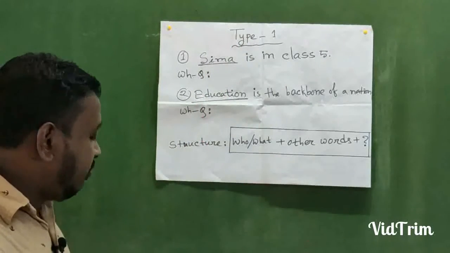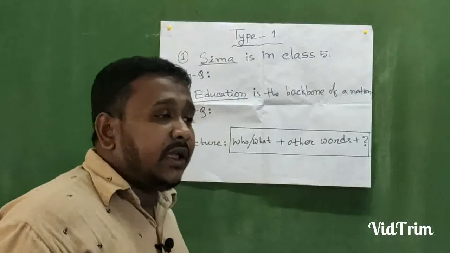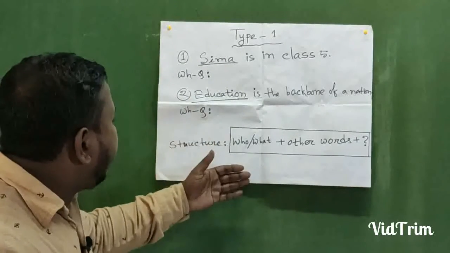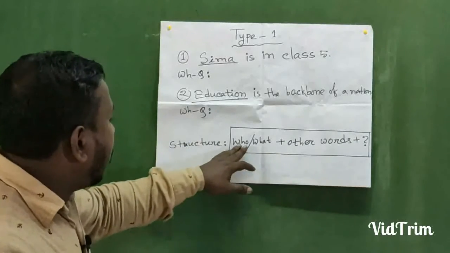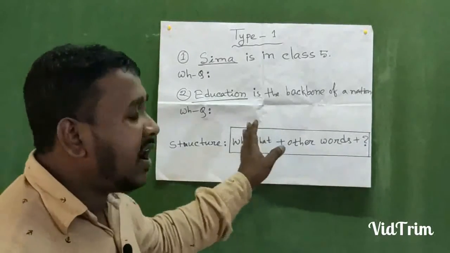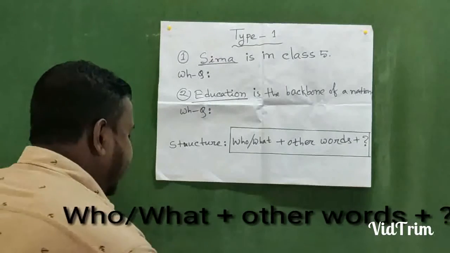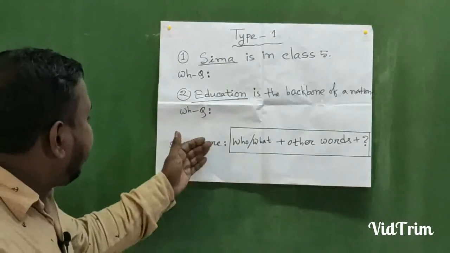So this type of sentence is easy to turn into a WH question by this structure: who or what plus other words plus question mark. So let's try by this structure.